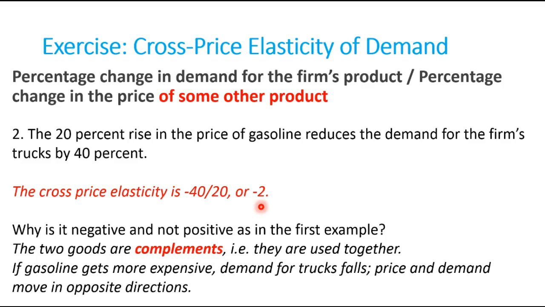But if we're, say, thinking of something like the price of electricity going up, and we want to know how much is the demand for cell phones going to be affected, or rechargeable electric toothbrushes, something like that, obviously the price of electricity is not going to be important. So we'd expect something like a cross-price elasticity of 0. Okay, so that concludes the discussion of the relationship across different markets like this.